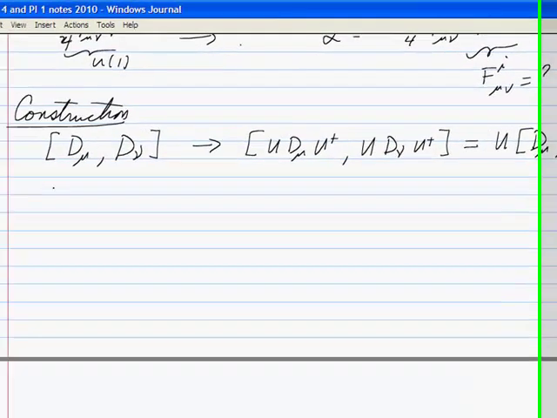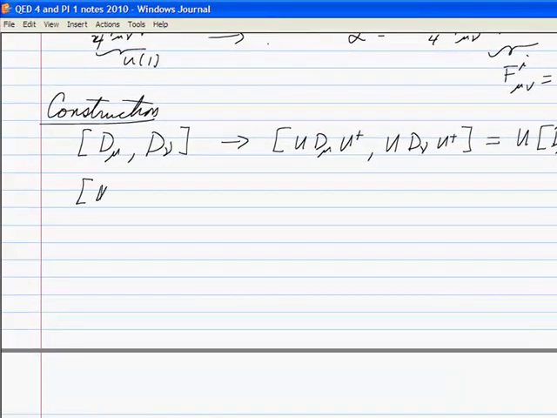The key point is we're just about to calculate it. D mu commuted with D nu is going to be something that goes like lambda dot F mu nu, and in the normalization I'm choosing it is I g over 2.